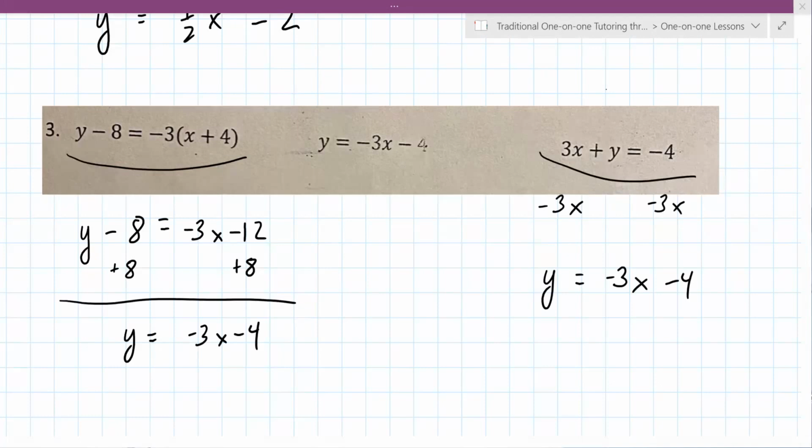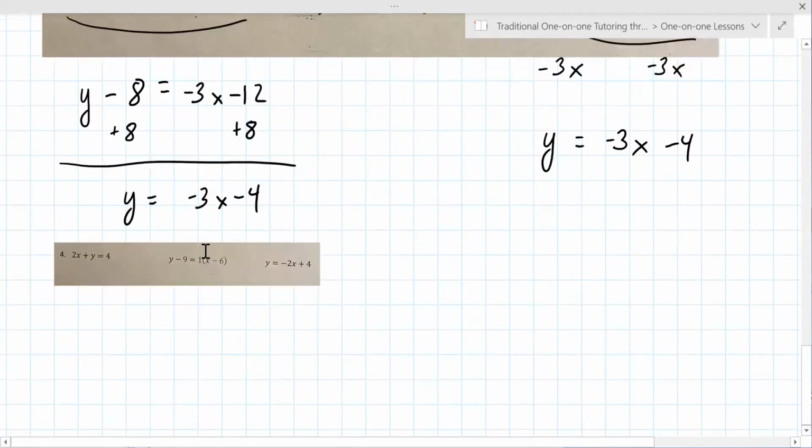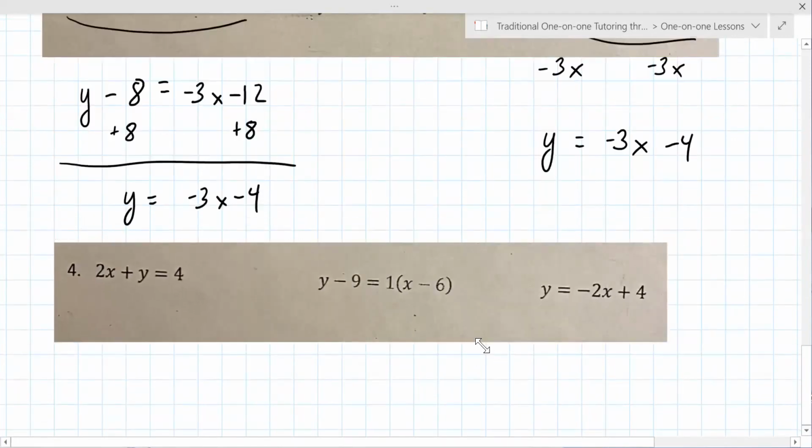Okay, let's take a look at row 4. All right. So your choice here, you can either work on the first one or the second one, but I want you to pick which one you want to work on.